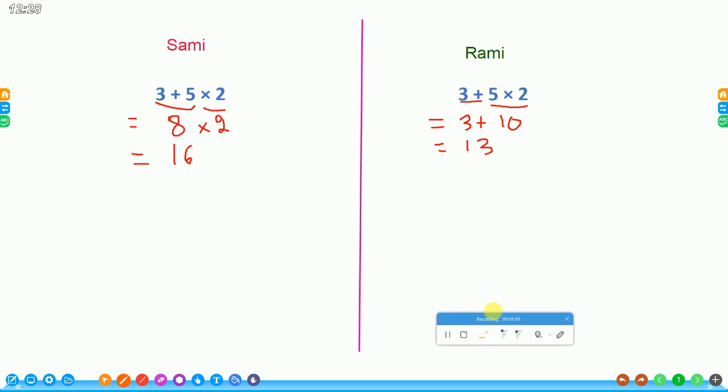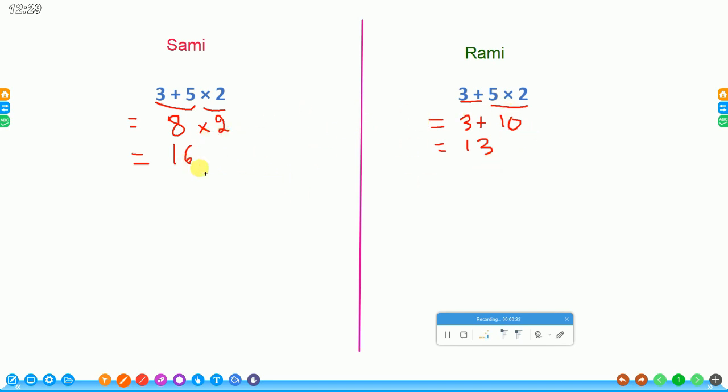That's why we have these rules called priority rules, and these rules will tell us which operation we need to solve first, if we need to solve addition or multiplication first. So here Sami and Rami both have different answers. And when they give us an expression and ask us to calculate or solve it, all the students must have the same answer.